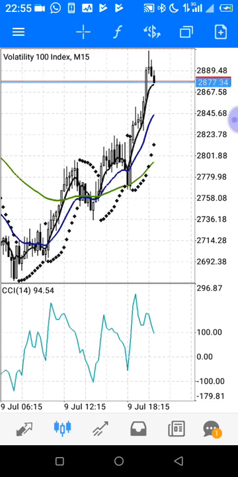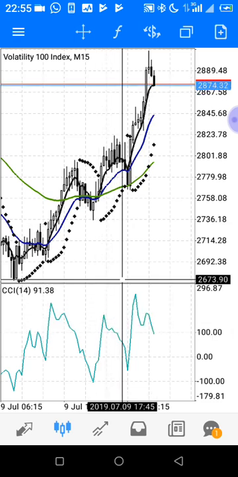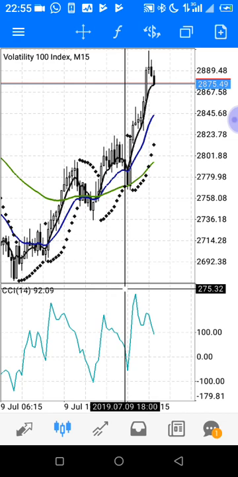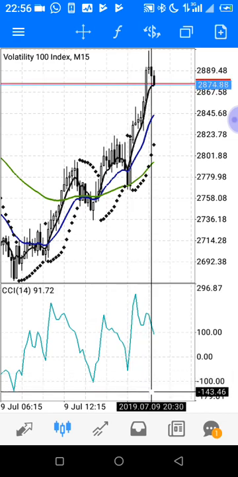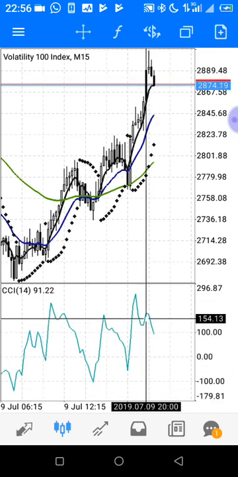The CCI is simple. When you want to sell, you just have to check if the CCI is in the range of -100. That is when you sell. In this area, from here up to there, that's when you sell. Follow that every time. If the CCI is in the range of +100, sorry guys, I mixed up.